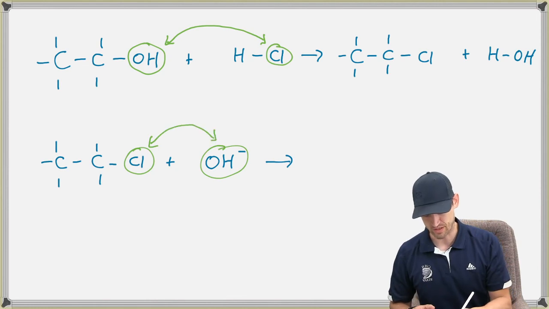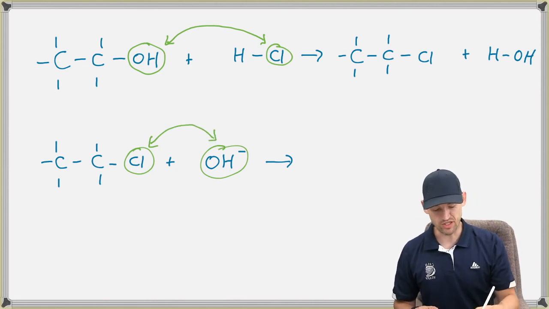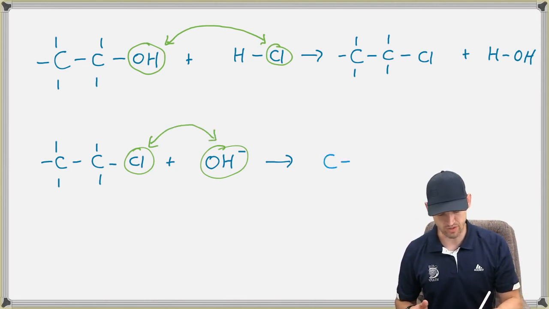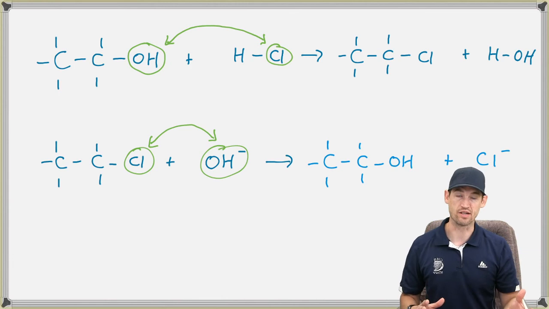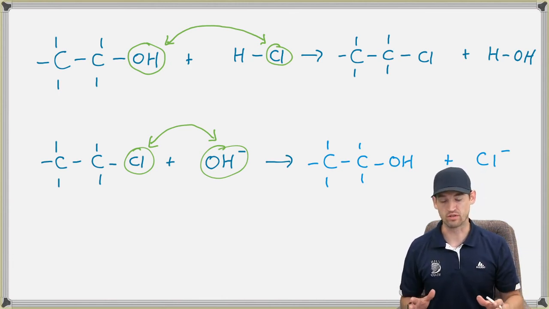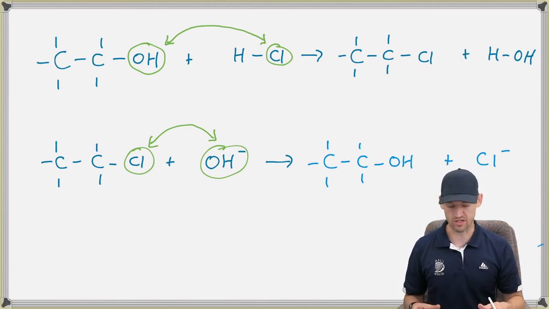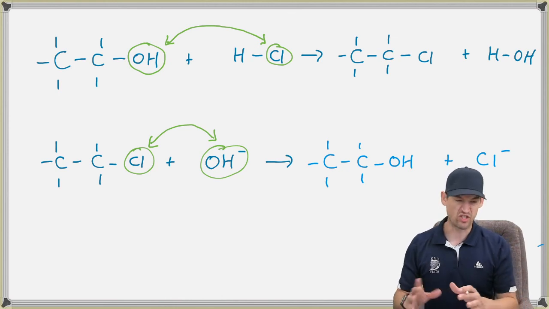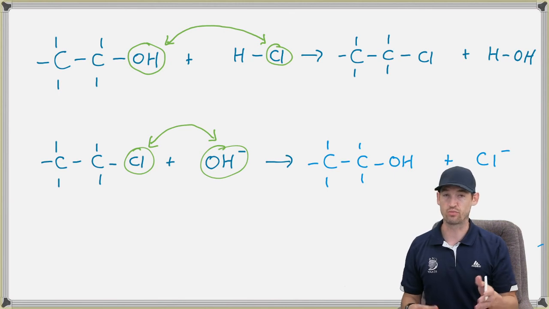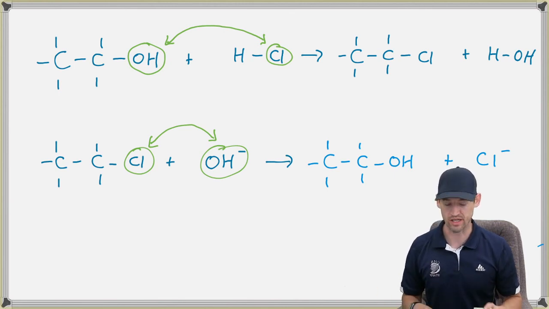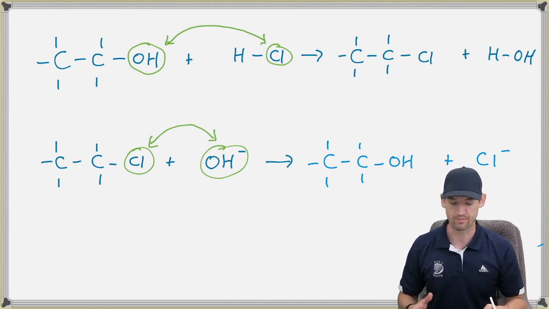They're still going to switch places, but in the end, what you end up with is an ethanol, but then you're also going to end up with chlorine just kind of by itself as an ion. So that's one little variation that happens there. But again, just know that if there is an alcohol or a hydroxyl group and a halogen group, they're going to be the very most likely to be switching places back and forth. Okay?